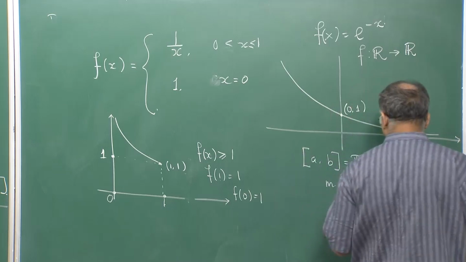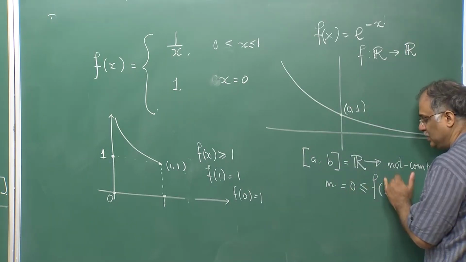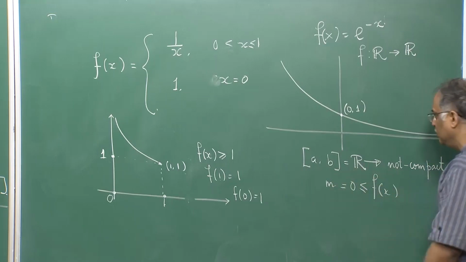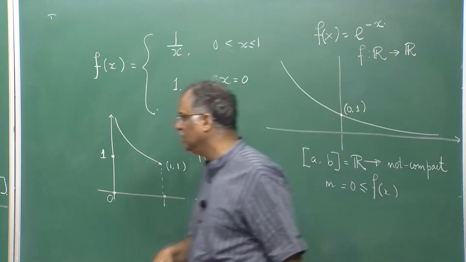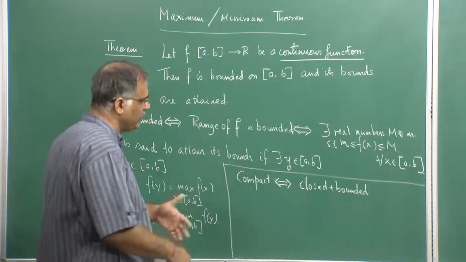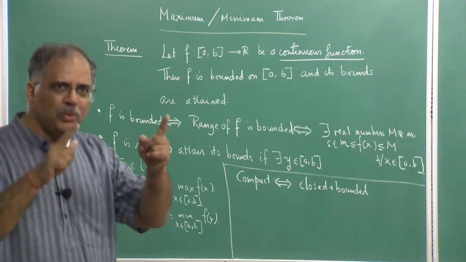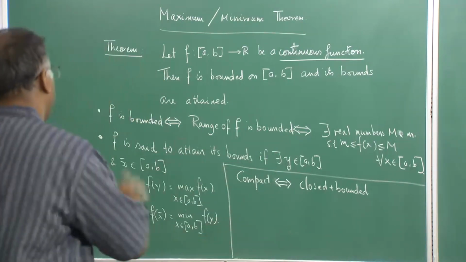Here you see there is a lower bound, but there is no x for which this lower bound is attained, there is no x such that f of x is equal to 0 or e to the power minus x equal to 0. So, we know already what a bounded set is, which we have told. Compact is a name given to a set which is both bounded and closed.